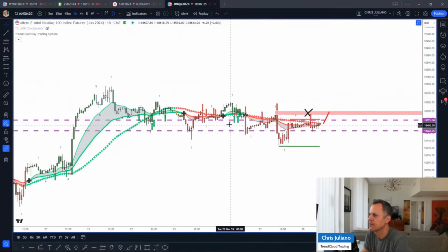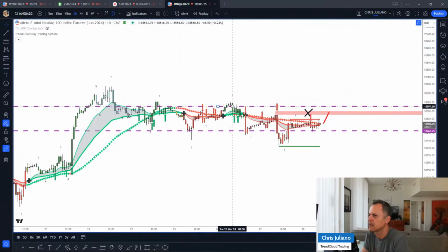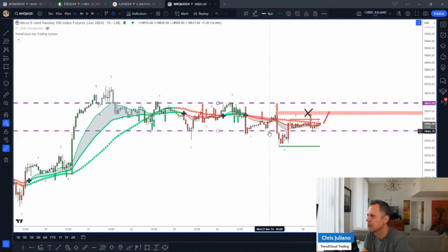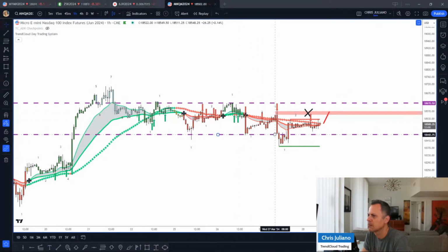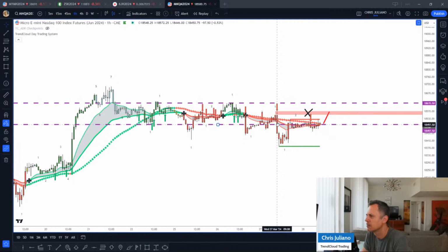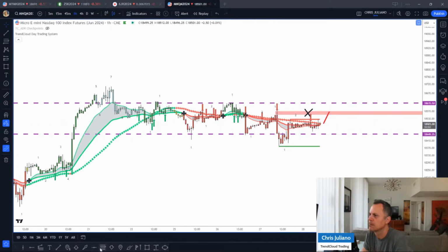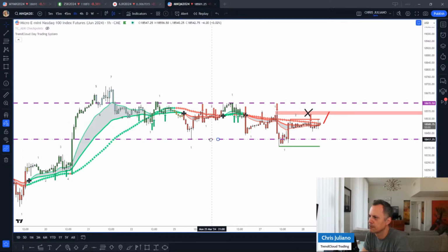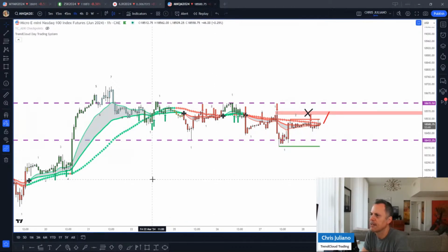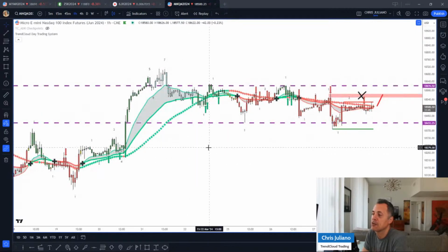Let's take a close look at this NASDAQ. Look at all this consolidation here. I mean, actually, on the 1 hour chart here, here's your low, here's your high, and all of this is kind of in the middle.